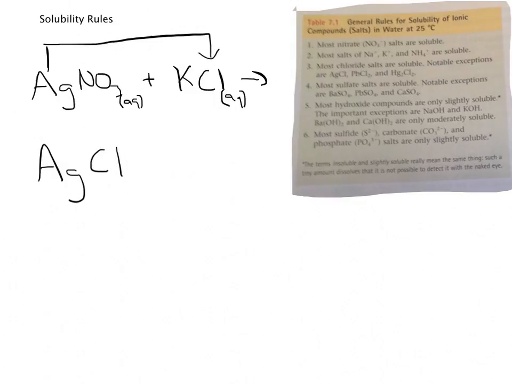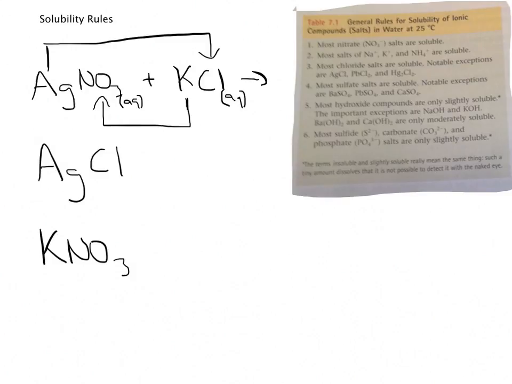Now you have to think about charges when you write the formula. Cl, you can find its charge in the periodic table, it's a -1. Ag, you might not know the charge, but NO3 is a -1, and there's one Ag attached to it, so Ag's charge needs to be +1. So +1, -1, so it's just AgCl. The other compound that could form would be this cation combining with the other anion, so it could be KNO3. So which of these is our solid?